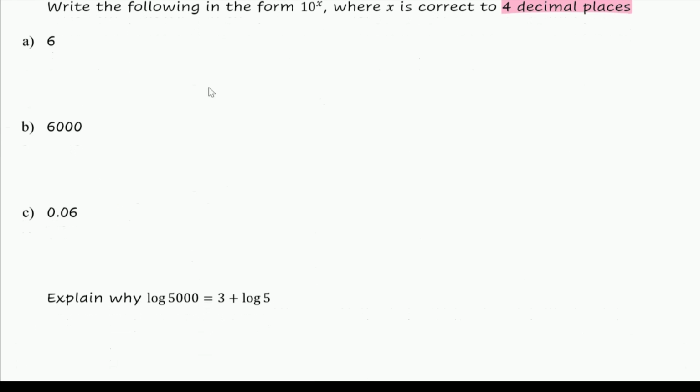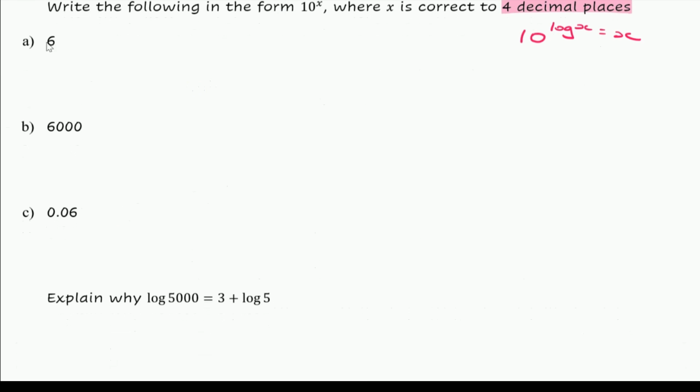Now we can write these by using the following rule, which pretty much tells us that if we have 10 to the power of log x, it is equal to x. These two kind of cancel each other out here, but we're just going to use this identity or this rule here to figure this out.